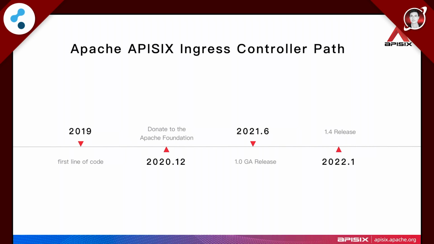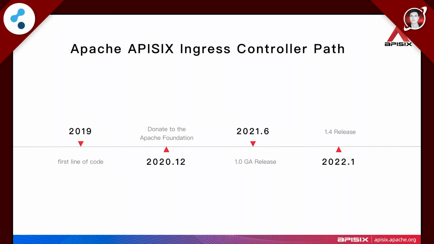Let me show the path of Apache APISIX Ingress controller. In 2019, I wrote the first line of the project and donated it to the Apache Foundation in December 2020. After half a year of community polishing, the first GA version was released in June 2021. Since the latest version 1.4 release, Apache APISIX Ingress has been used by more and more enterprises and is working in production environments.